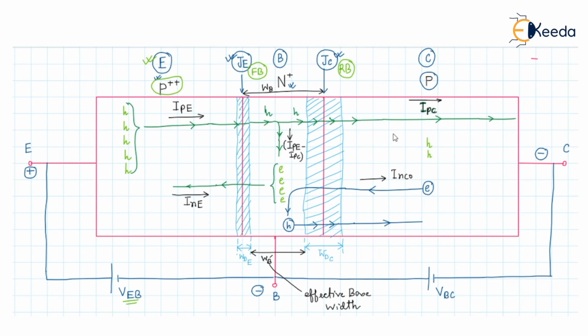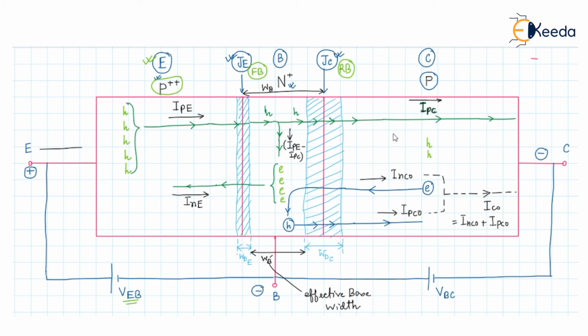So we will get a current of IPCO due to this, and these two currents will constitute a total current ICO, and this ICO can be written as INCO plus IPCO.